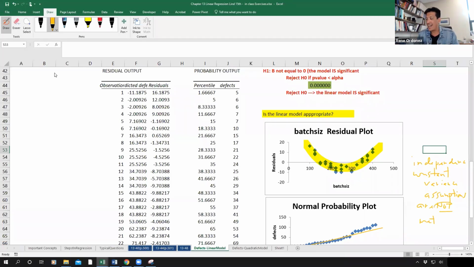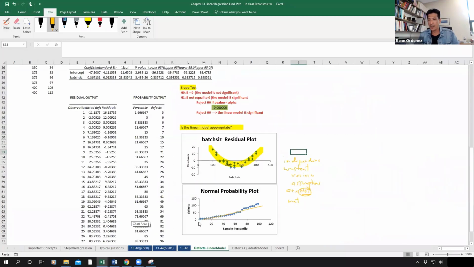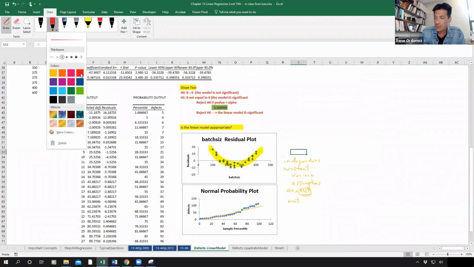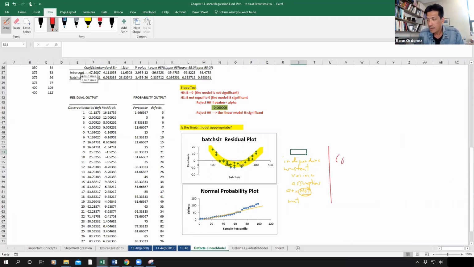Because they are not met, we will conclude that the linear model is not appropriate.